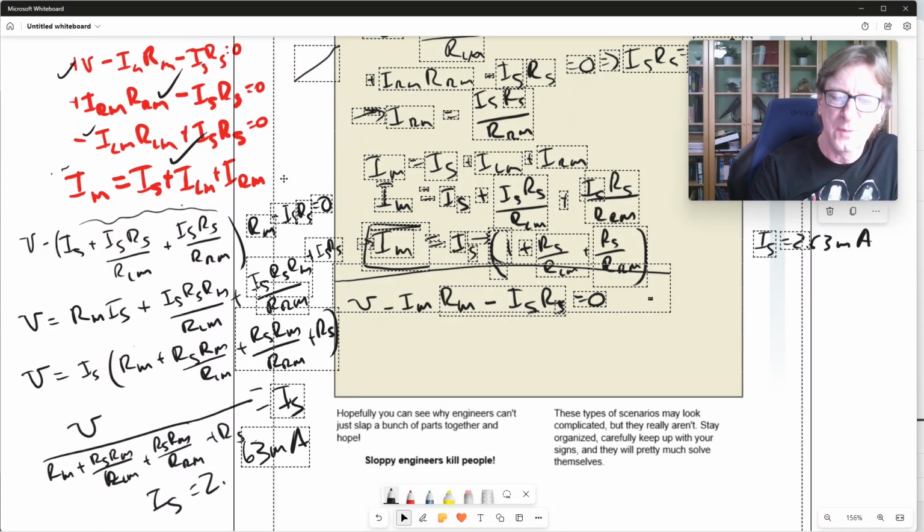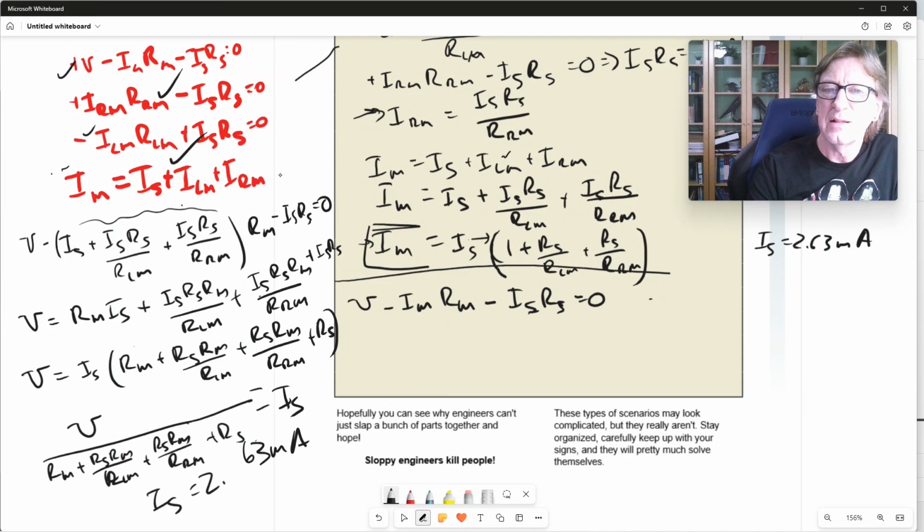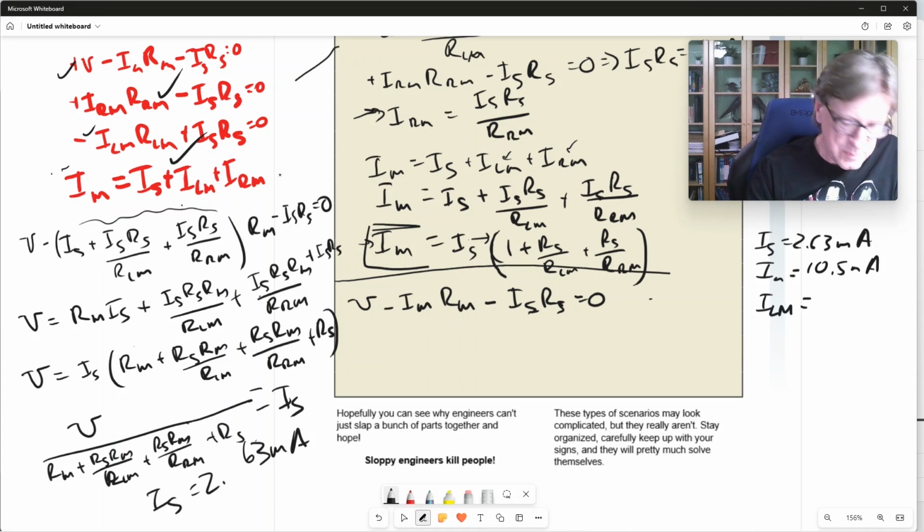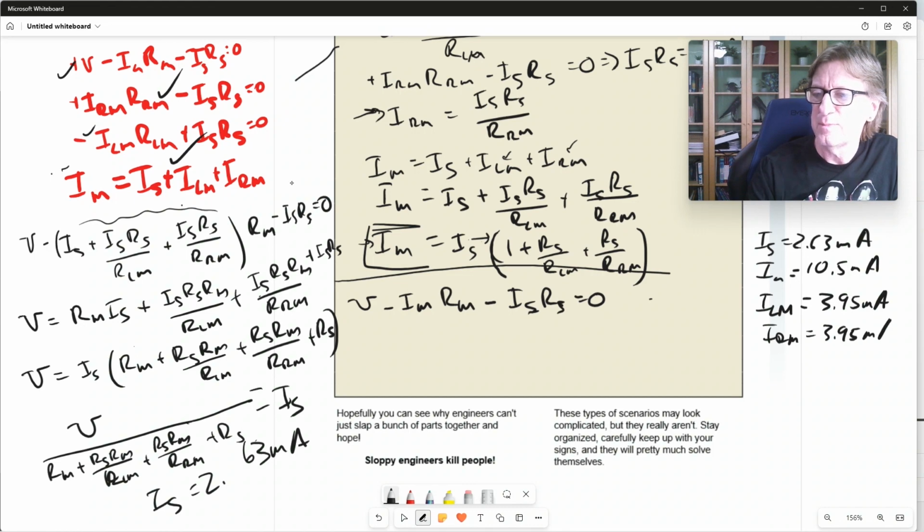So I can plug in for the ILM and the IRM and get IM. It's up to you. If you work out this value multiplied by the IS you just got, then you would find that IM is going to be equal to about 10.5 milliamps, and you should find that ILM is going to be 3.95 milliamps, and of course IRM is the same because it's got the same resistance.